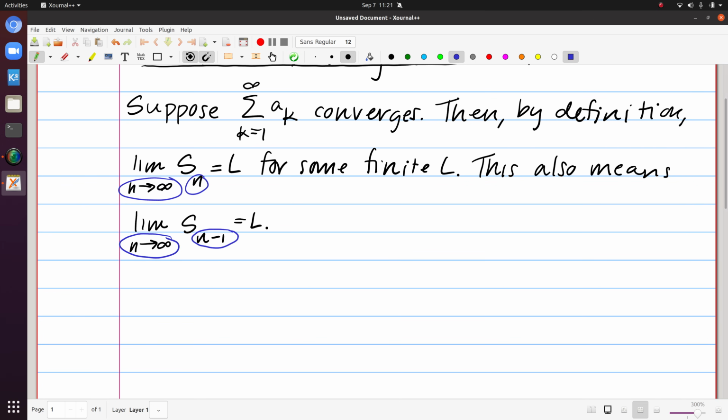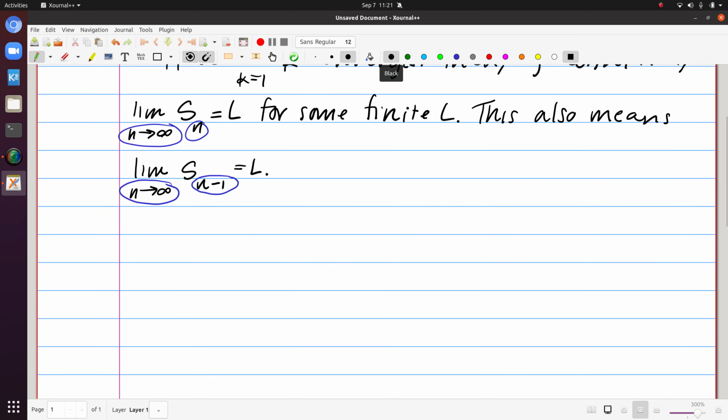And here I have the n minus first partial sum. But importantly, as n approaches infinity, so too does n minus 1. And so we can see that this would have to approach and level off at that same value of L. So this is going to be a key thing to think of here. Now, why that's important, we'll see in a moment.